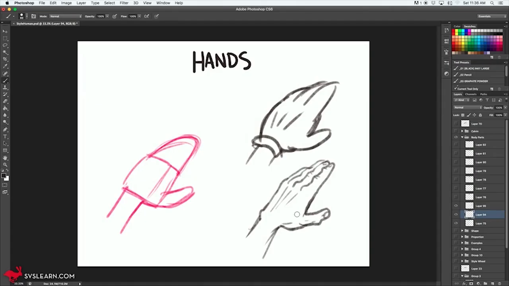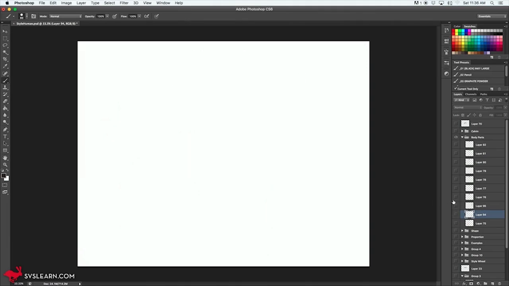You can go one extreme or the other extreme, or you can find something nice in the middle. If you look at a lot of Disney animated films from the 60s and the 50s, the hands were really well proportioned and well done. I've studied those. Okay, so that's hands.